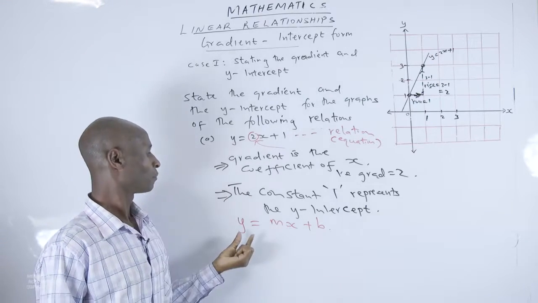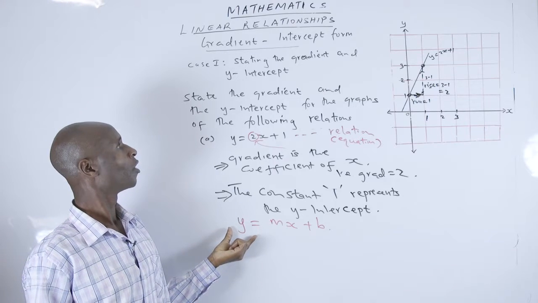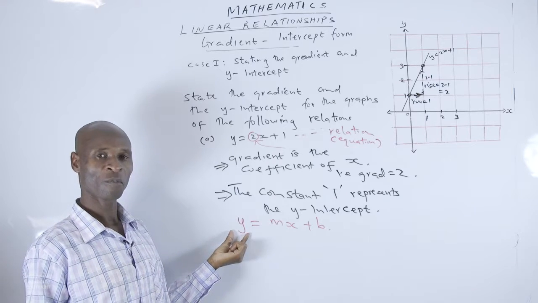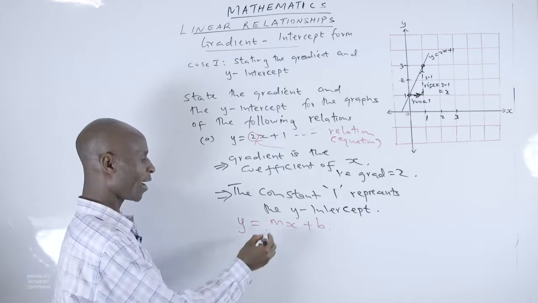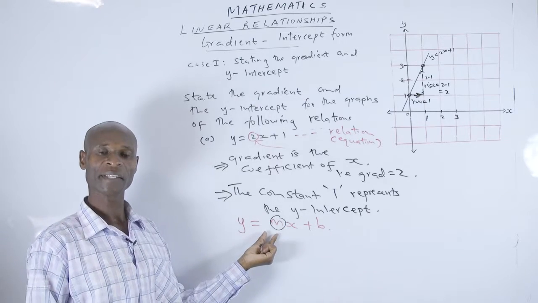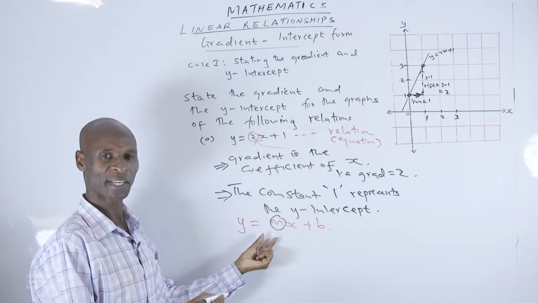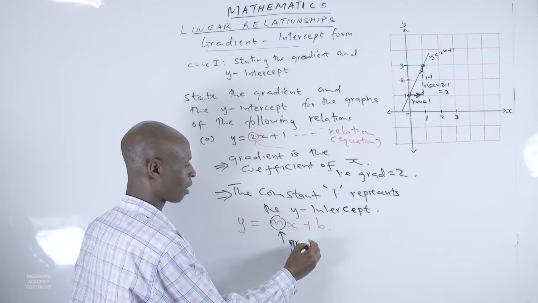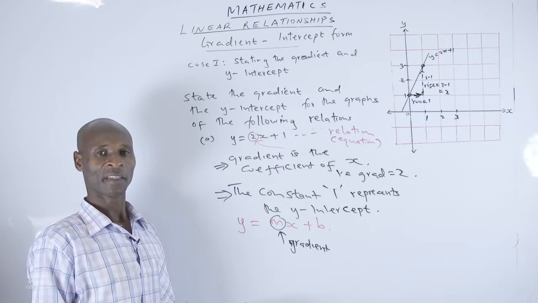The general equation of gradient-intercept form is y is equal to mx plus b, where m represents the gradient, while b represents the y-intercept.